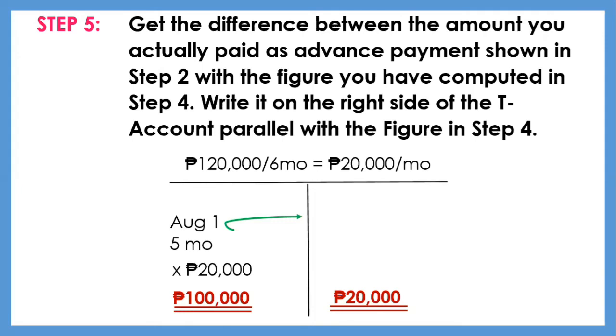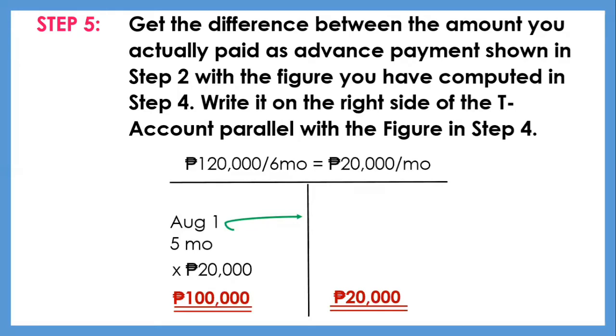We computed 100,000 pesos, and going back to the top of our T account, our advance payment is 120,000 pesos. So 120 minus 100 becomes 20,000 pesos. Whatever is remaining, we write down on the right side, parallel to our 100,000 pesos.